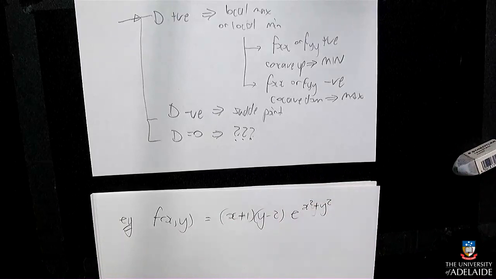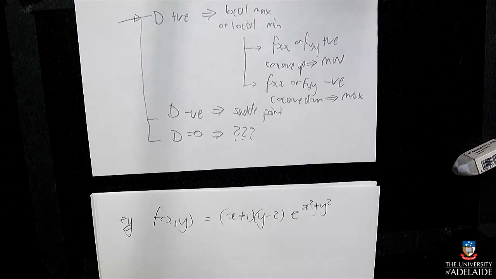Yep. So on that previous page there, you said if fxx or fyy is positive, then it's concave up. What if they have opposite signs? Then it's definitely a saddle point. So if you have fxx being positive and fyy being negative, that's what you're talking about? Yeah. So that means that if I'm looking in the x direction, it's concave up, and if I'm looking in the y direction, it's concave down, which means that it has to be a saddle point.